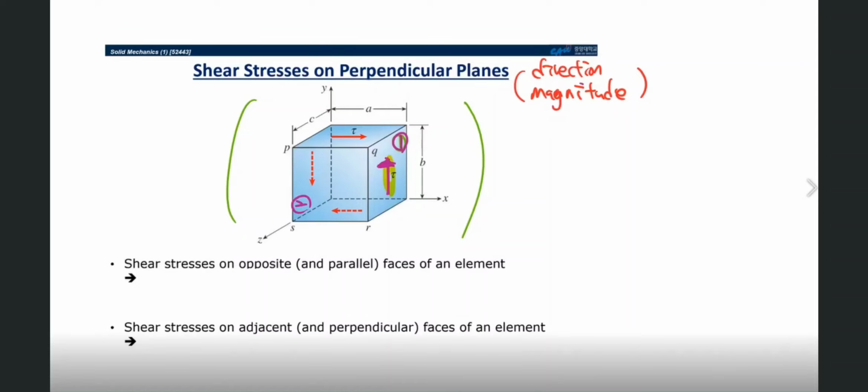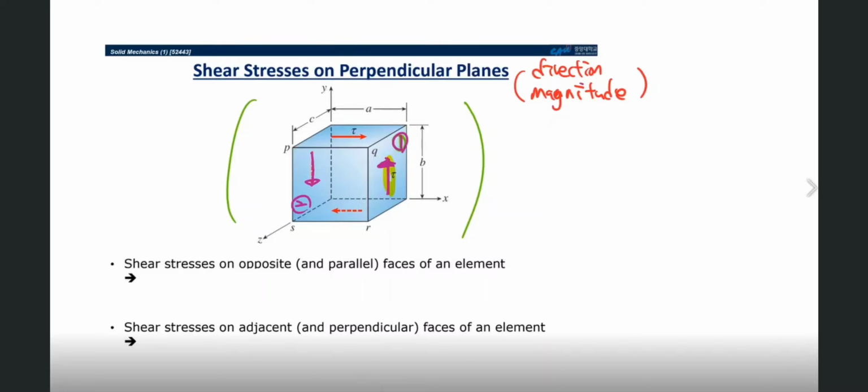We can define the shear stress at phase 2. In this case, the shear stress is on the opposite phase, which means phase 2, or we can call this the parallelly located phase with reference to phase 1. The opposite phase, phase 2, of an element is equal in magnitude and opposite in direction. So, equal magnitude and opposite direction.